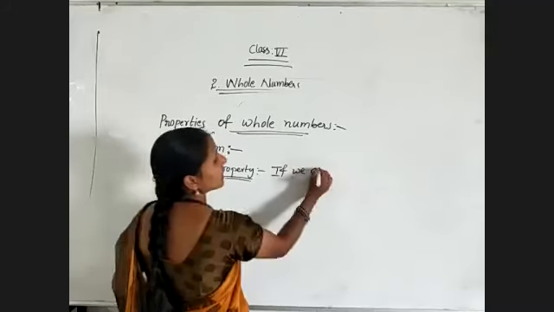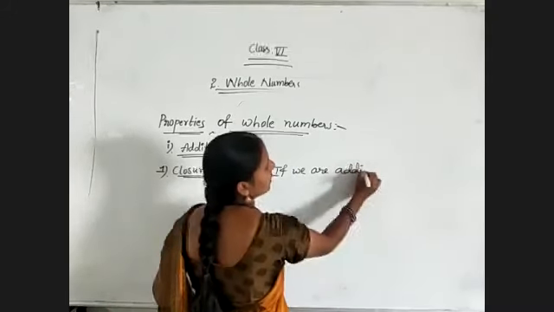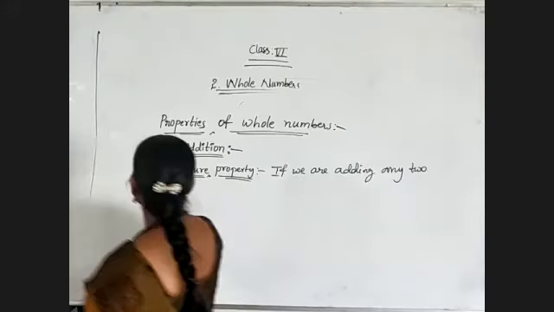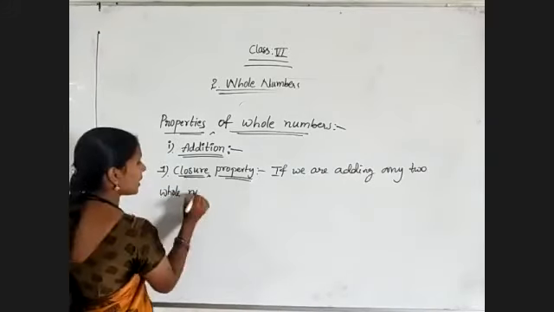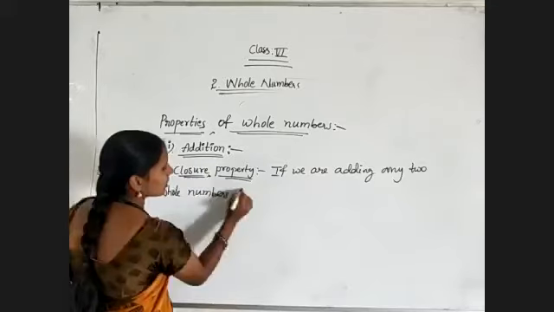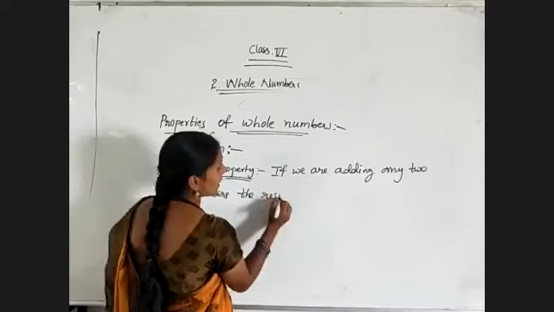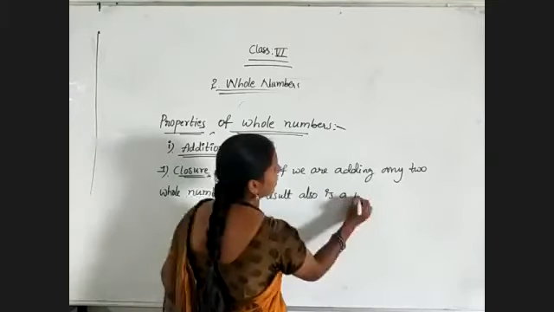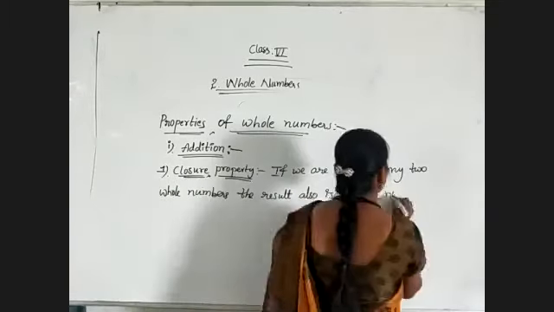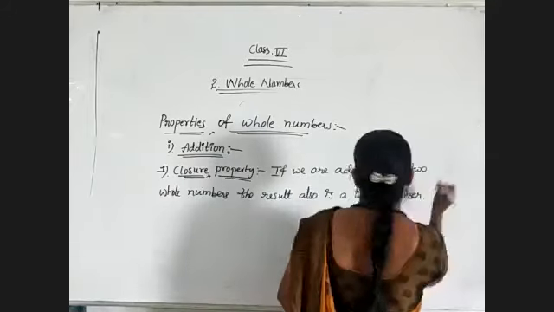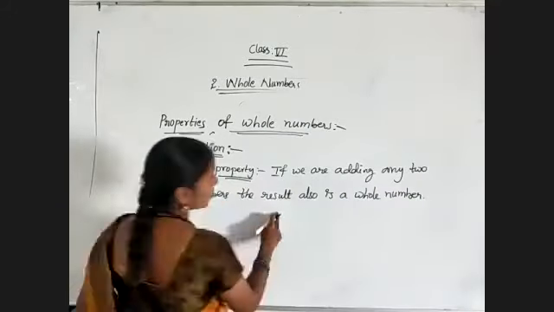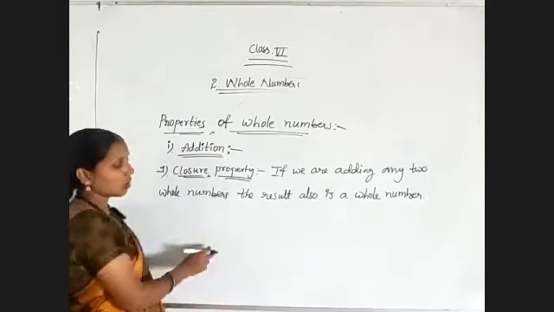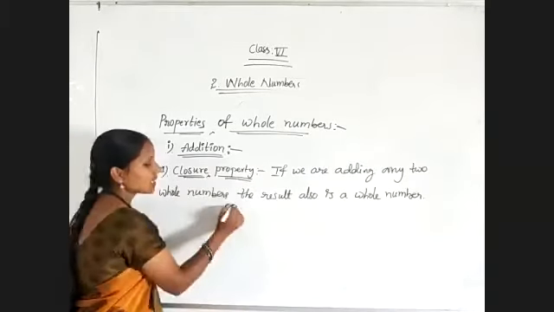If we are adding any two whole numbers, the result also is a whole number. Here the result is a sum, because we are doing addition. If we are adding, the result, that is the sum, is also a whole number. This is in words.